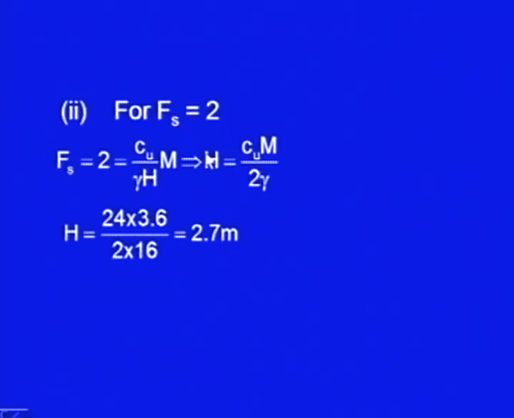So, h becomes, from this equation, Cu into m divided by 2 gamma. m you already know for those values, and then you can calculate h, and finally h is equal to 2.7 meter.